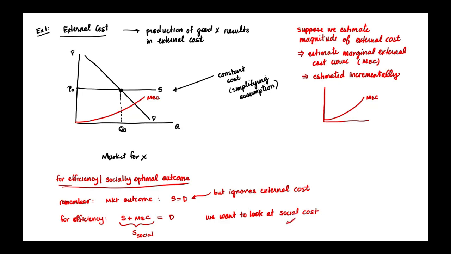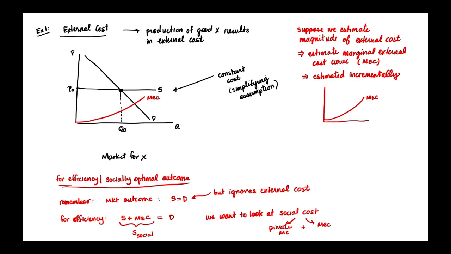And the social cost is going to be both the private marginal cost and the marginal external cost, right? And of course, an equilibrium requires something equals something. So we need that to be equal to demand. So everybody with me? Does that make sense? Intuitively? It's just a different version of supply equals demand, right?